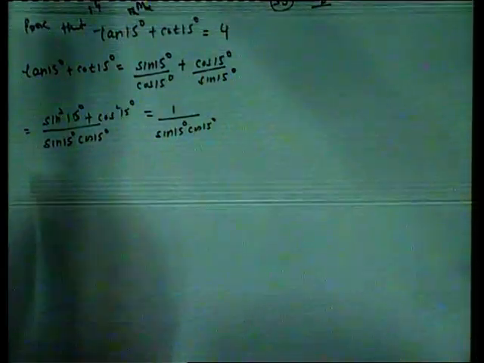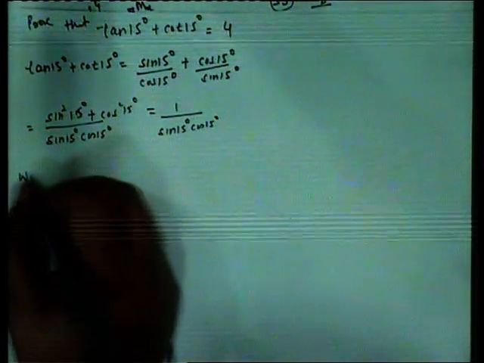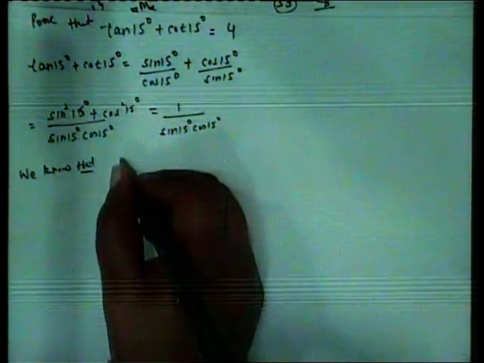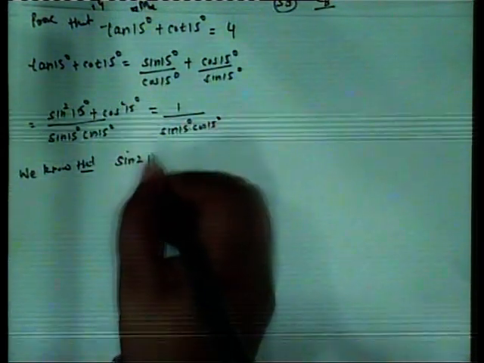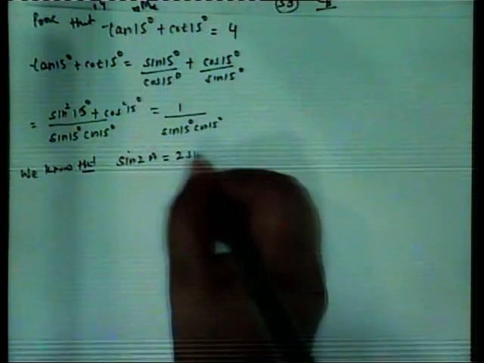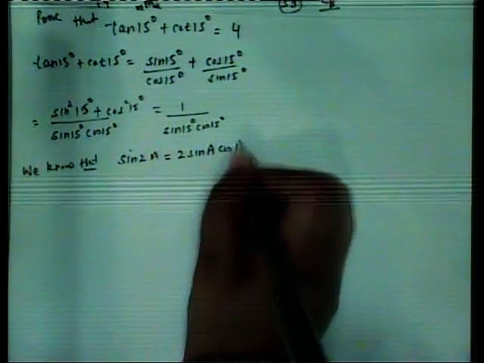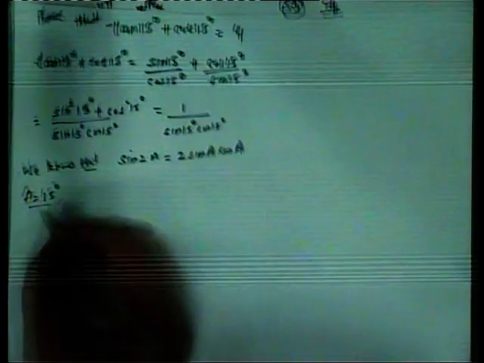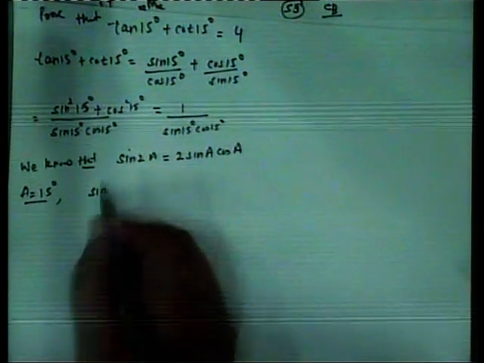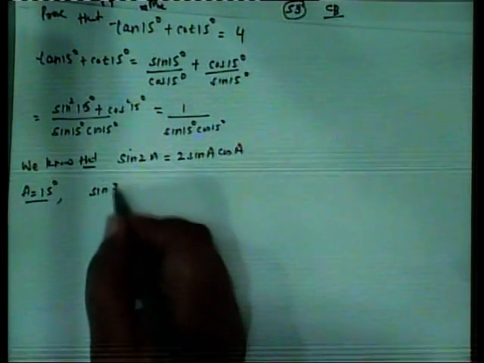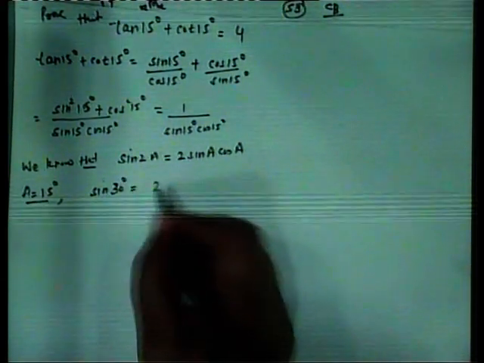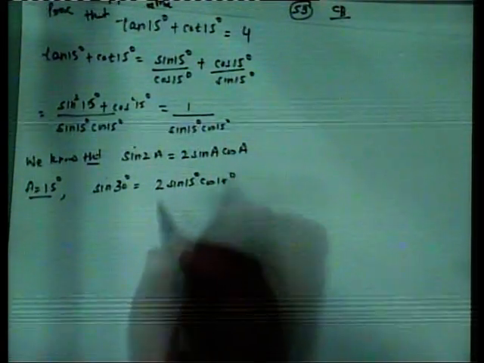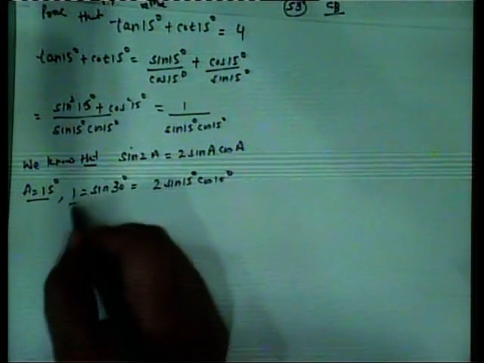Now see, we know that sin 2a is 2 sin a cos a. So if in this I put a to be 15 degree, what do I get? Sin 2 into 15, which is 30 degree, will be equal to 2 sin 15 degree cos 15 degree. Sin 30, you know, is equal to 1 upon 2.